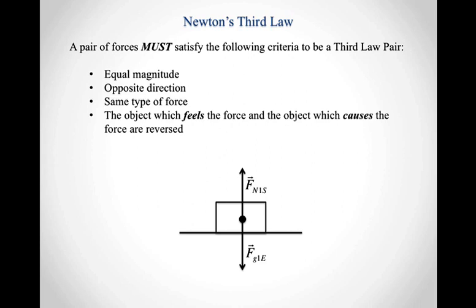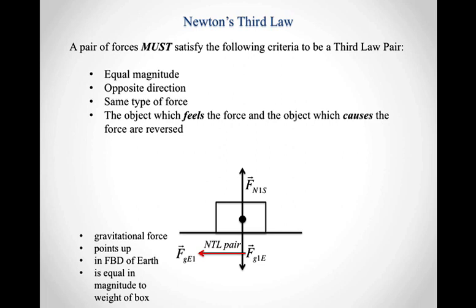So if we want to think about the Newton's third law pair for the gravitational force on box 1 by the Earth, that's a gravitational force, but it's the gravitational force on the Earth by box 1. This is not a force we tend to think about, but as much as the Earth pulls box 1 down, box 1 pulls the Earth up with an equal force.